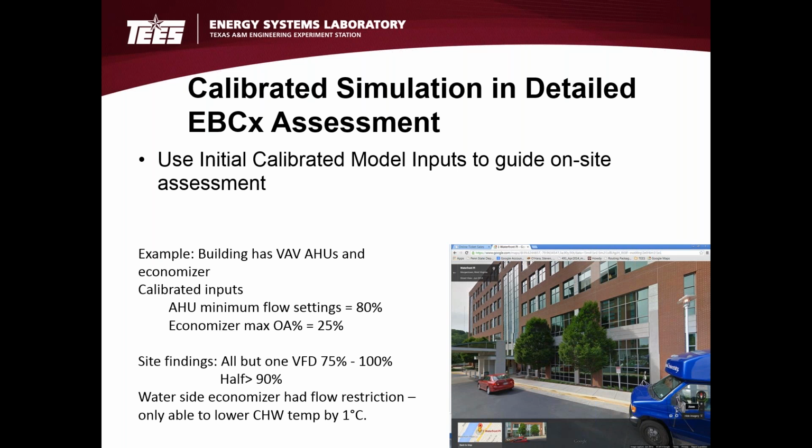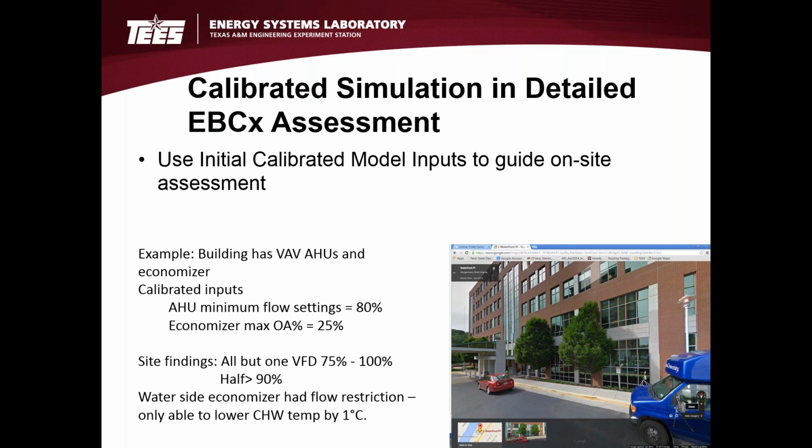It was also interesting that when we looked at the economizer, it was a waterside economizer, and we discovered that while it was being used routinely, even when operating flat out, and when there was a 10-degree delta T in the cooling tower, there was some kind of a flow restriction that nobody was aware of that reduced the flow into the heat exchanger to the point that it was only achieving about a 1-degree delta T on the chilled water side.